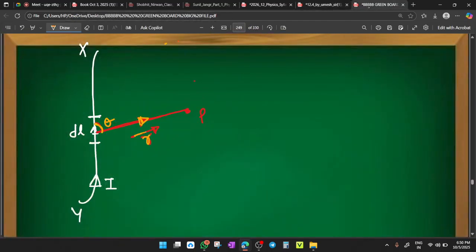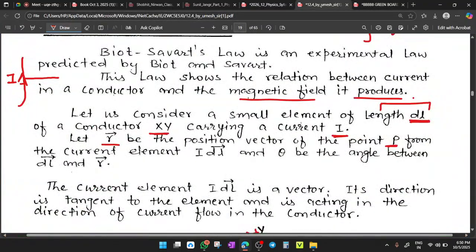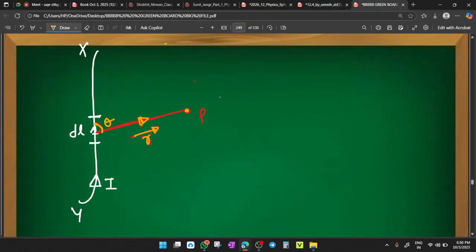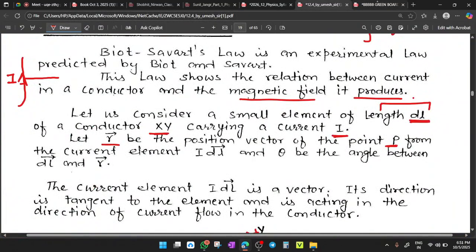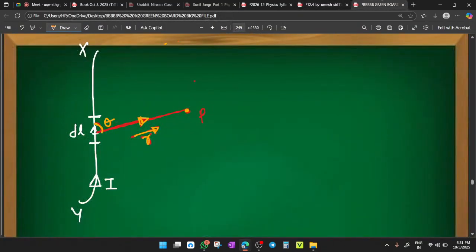The r vector is the position vector of point P from the current element Idl, and theta is the angle between the dl vector and the r vector. Remember, two vectors are there. This whole becomes the Idl vector, and this position vector becomes the r vector. So theta is the angle between them.